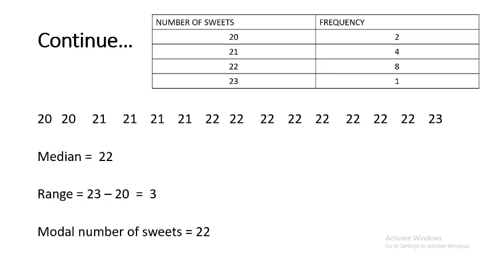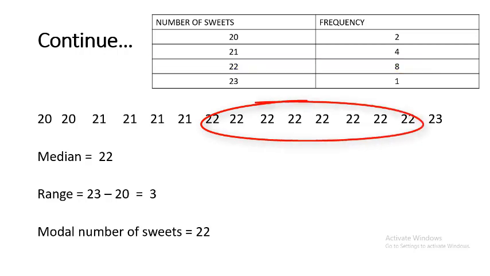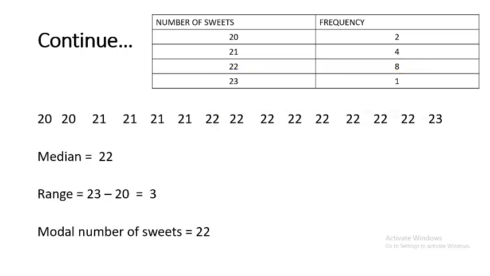So we write 20 twice, and then we have 21. We have 4 packets with 21 sweets, so we write 21 four times. Then we have 8 packets with 22 sweets, so we write 22 eight times. And then we have a packet with 23 sweets, so we write 23 once.